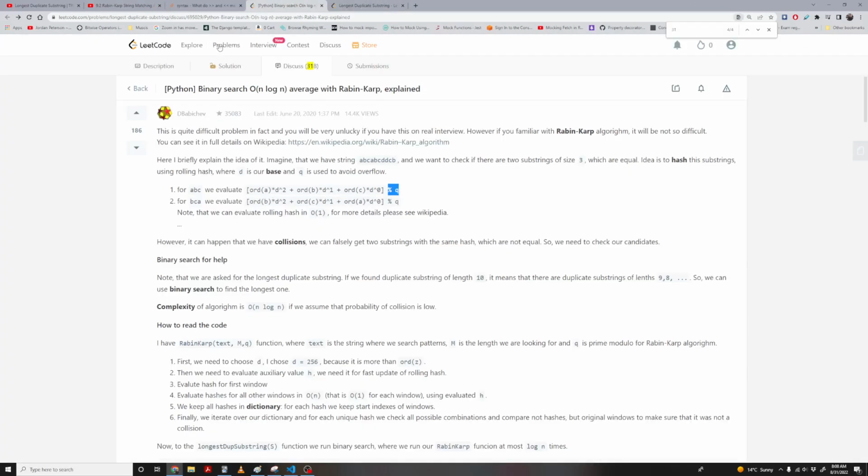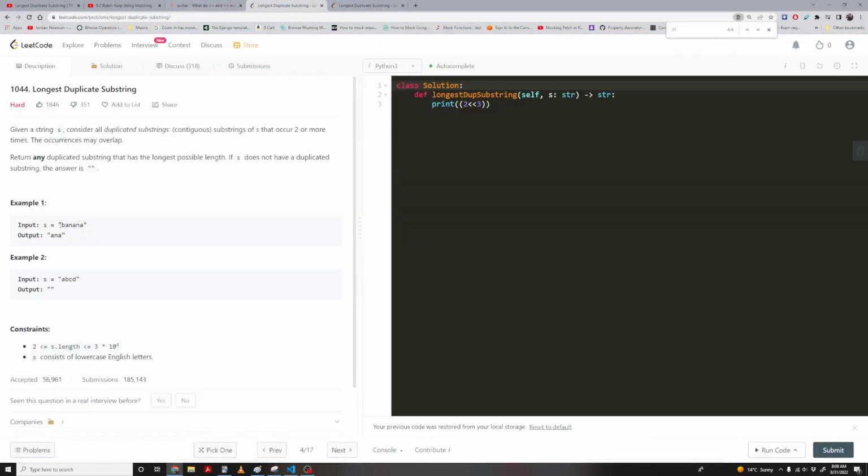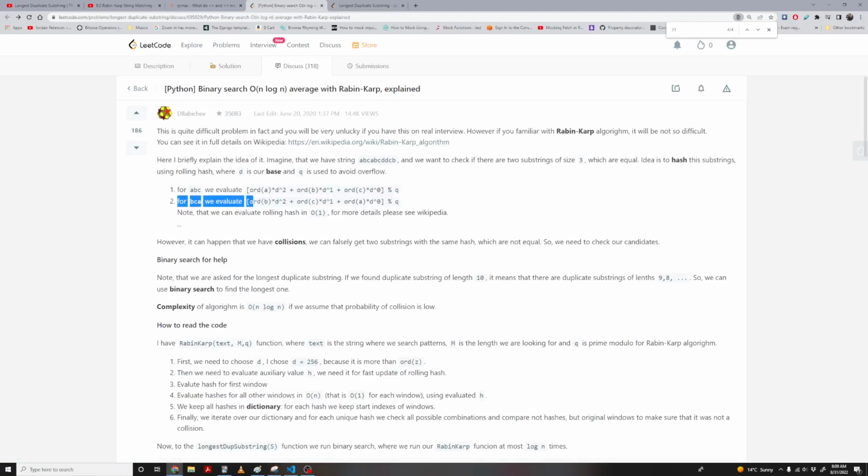So, when you find the hash for this one, let's say you have three characters, and now you want to go to the next three, you move it. You don't want to calculate the hash again. You don't want to go through this one again, but you want to remove the left side and add the right side.